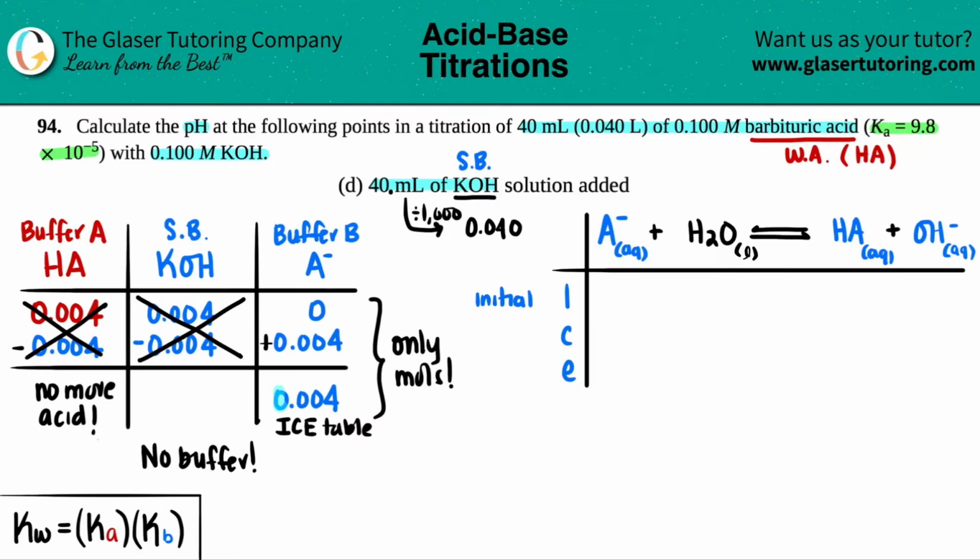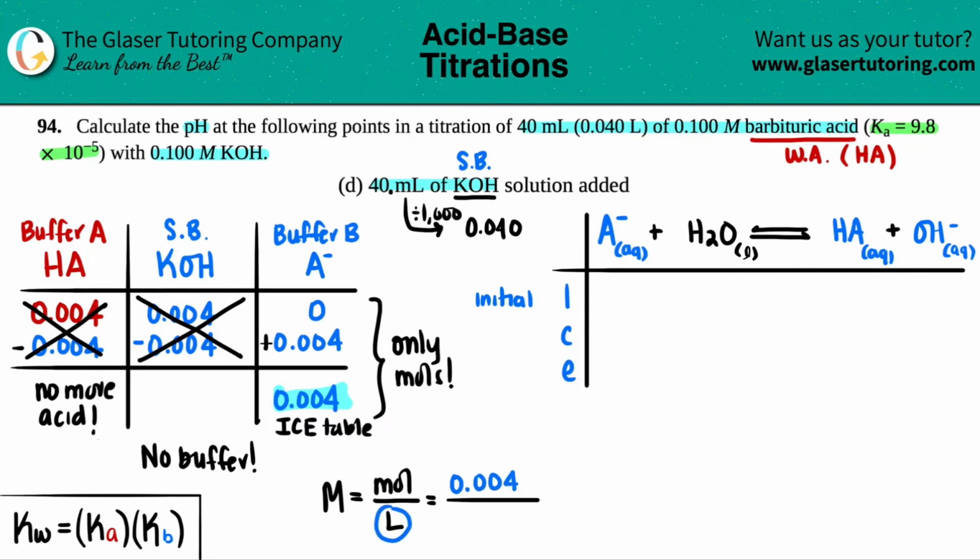We can't just plug in 0.004 here because this is a mole value and we need a molarity. So I have to go back to molarity, but that's pretty easy because molarity equals moles divided by liters. We just found the moles remaining: 0.004.